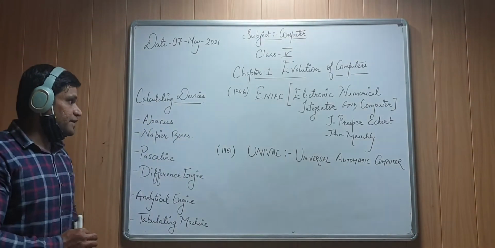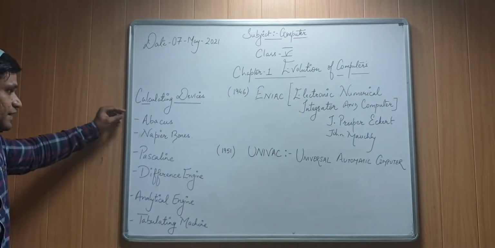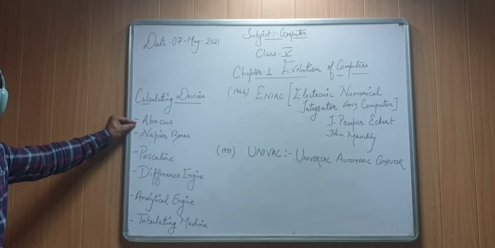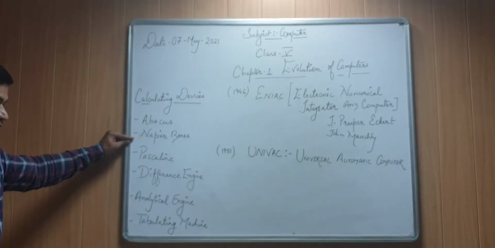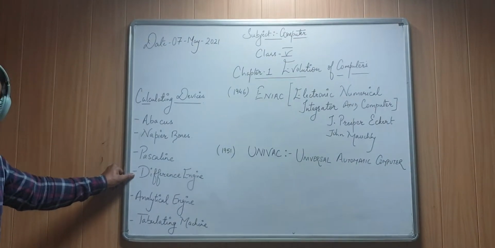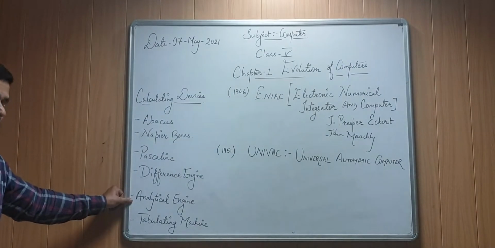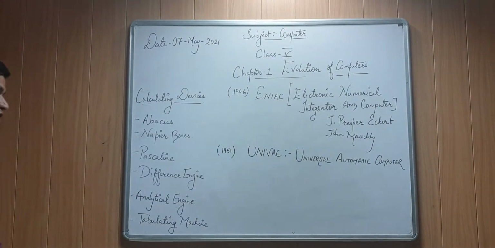Now, in the previous class, we had started with the different calculating devices. We had learned about the abacus, Napier's Bones, Pascaline, difference engine, analytical engine, and tabulating machine.